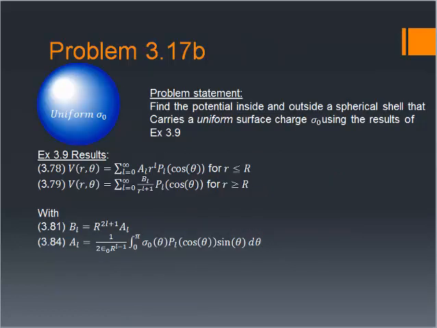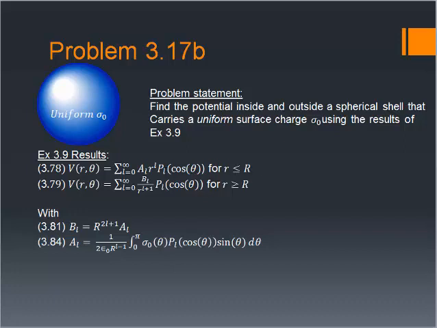Now, problem 17b, we are given a uniform surface charge all over the outside of the sphere, and we're asked to use the results of example 3.9, which gives us these two lovely equations for the voltage inside the sphere and the voltage outside the sphere.